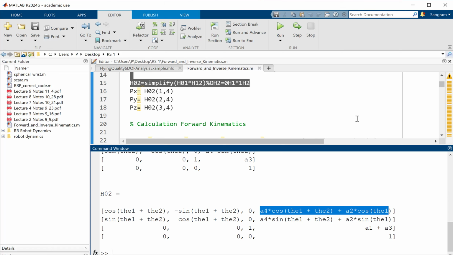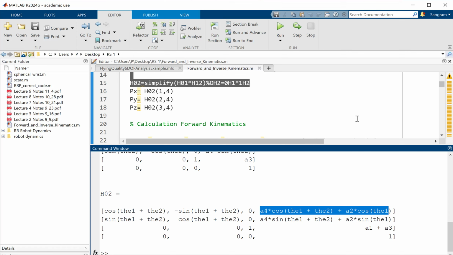Now what I want to do is use this forward kinematics solution to find the joint angles, which means I would supply the value of xe, ye, and ze, and find out the values of theta 1 and theta 2. This is two variables, theta 1 and theta 2, two equations. So it should be straightforward.